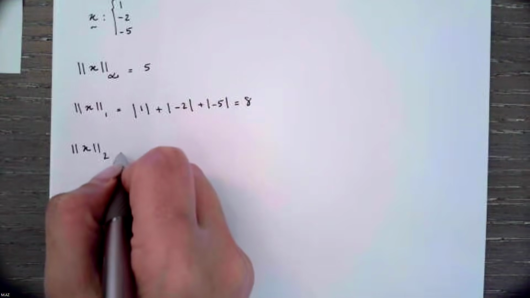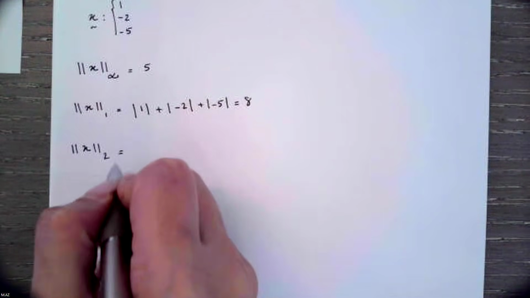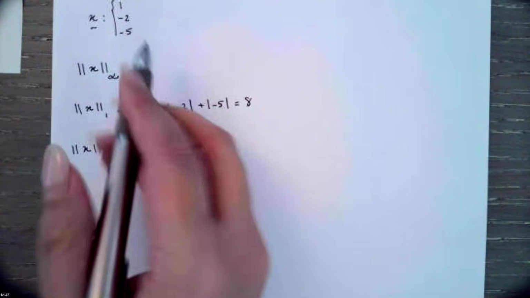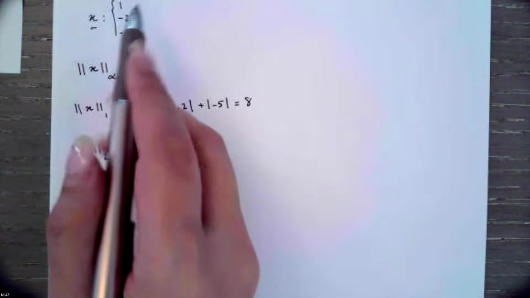And norm 2 is like in the physics that we learn: the square root of the sum of each of the components to the power 2.